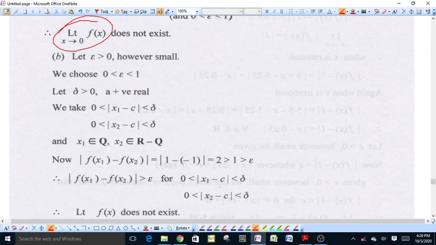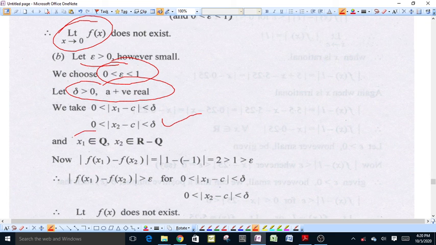See the second part. Suppose epsilon is positive, however small. If we choose epsilon between 0 and 1 and delta a positive real number, then if |x1 minus c| is less than delta and |x2 minus c| is less than delta, then for every two numbers where x1 is rational and x2 is irrational, we get f(x1) minus f(x2).